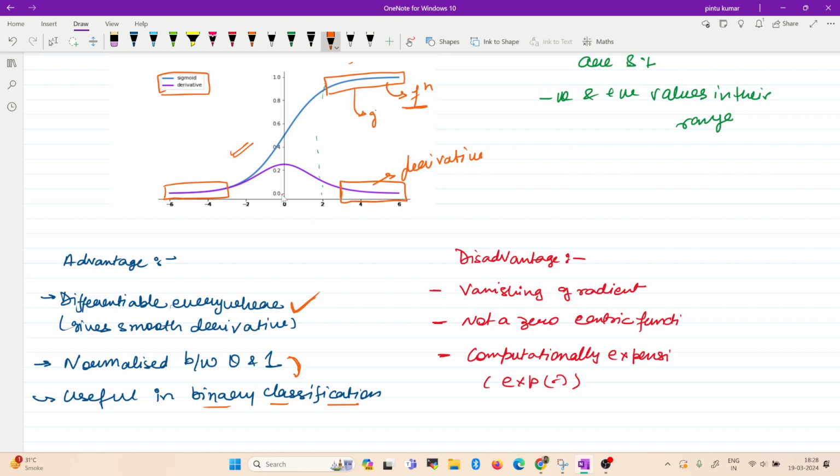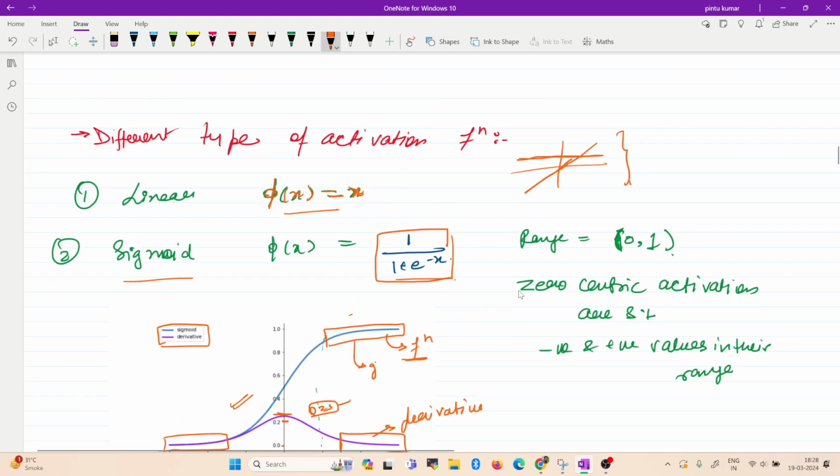The maximum gradient that it can have is something like 0.25. This is not the exact value, I'm just telling it by looking at the graph. So the derivative values it obtains are very, very small, and hence it can encounter the vanishing gradient problem.